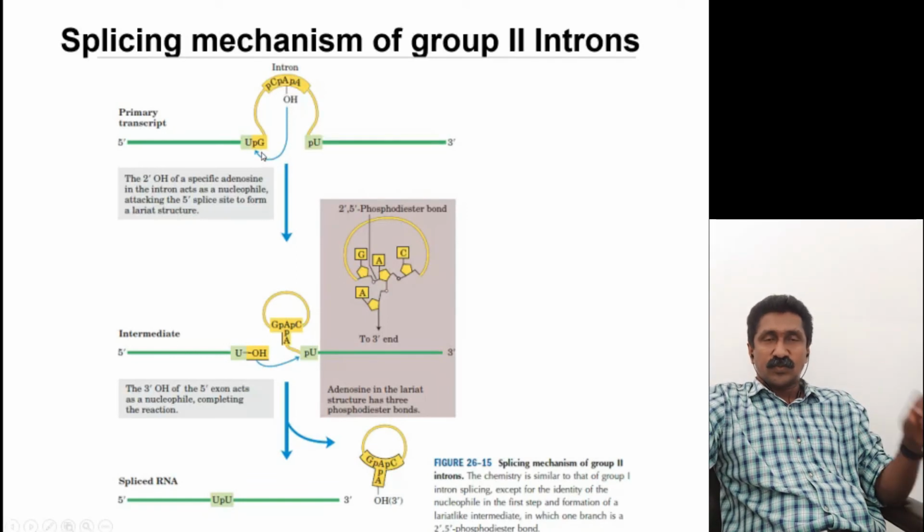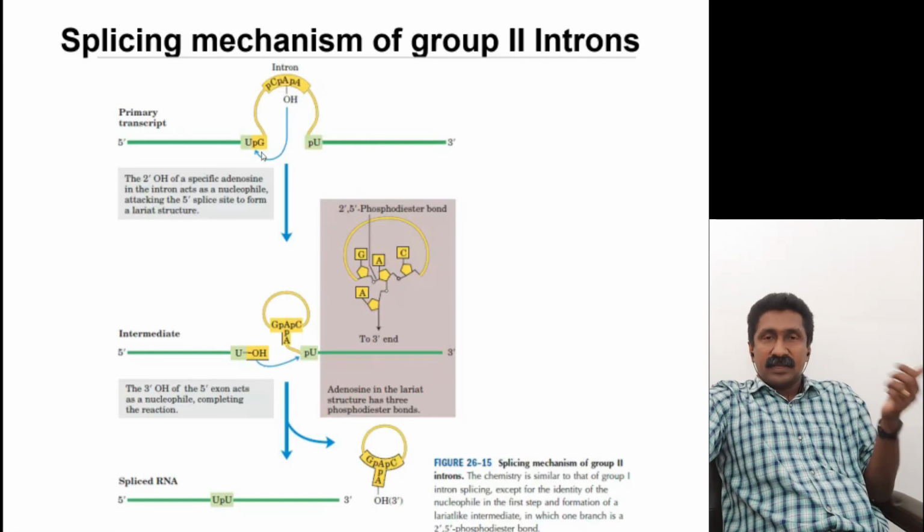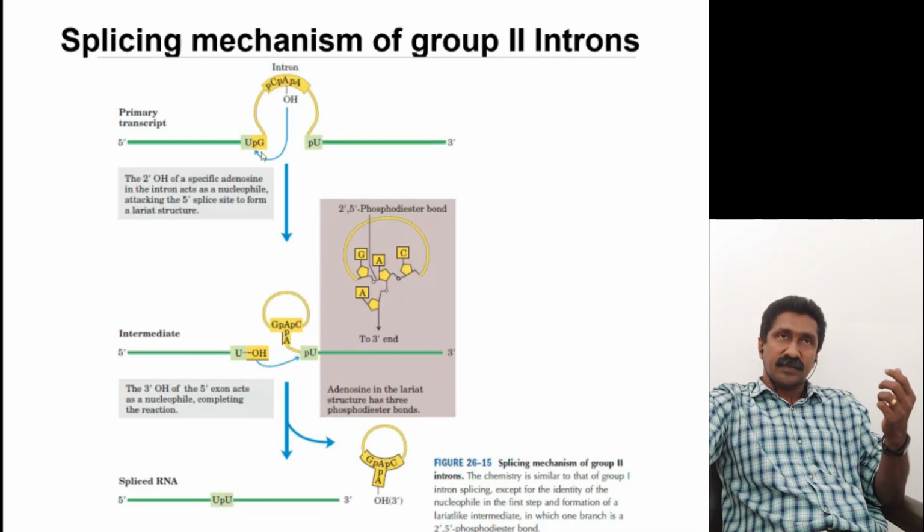But in group 2 introns, that incoming nucleotide is not there. Instead, the role of the free OH group is performed by an internal adenine residue of the intron with a free 2' OH, which performs the nucleophilic attack at this point. It will form a lariat or ring-like structure here, and the first exon will now have a free 3' OH group.